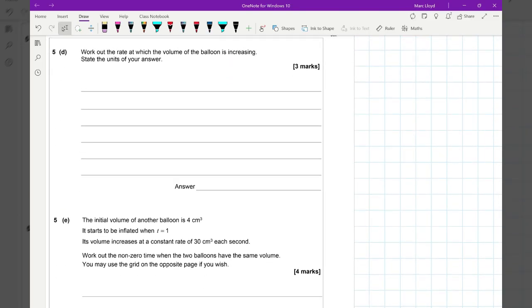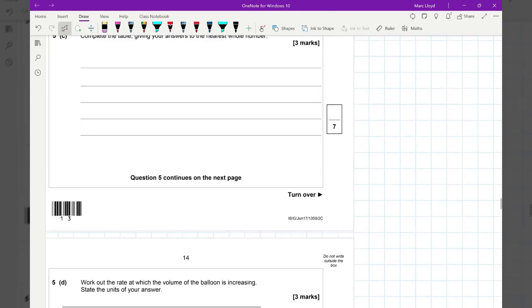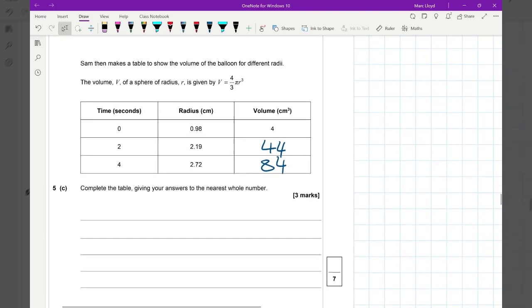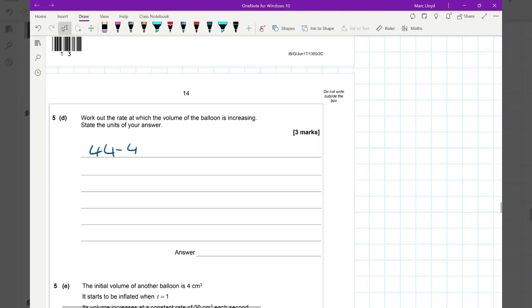Work out the rate at which the volume of the balloon is increasing. State the units of your answer. So 44 take away 4. So it appears to be changing at a constant rate. 44 take away 4, that'd be the volume, over 2 is equal to 20 centimeters cubed per second.